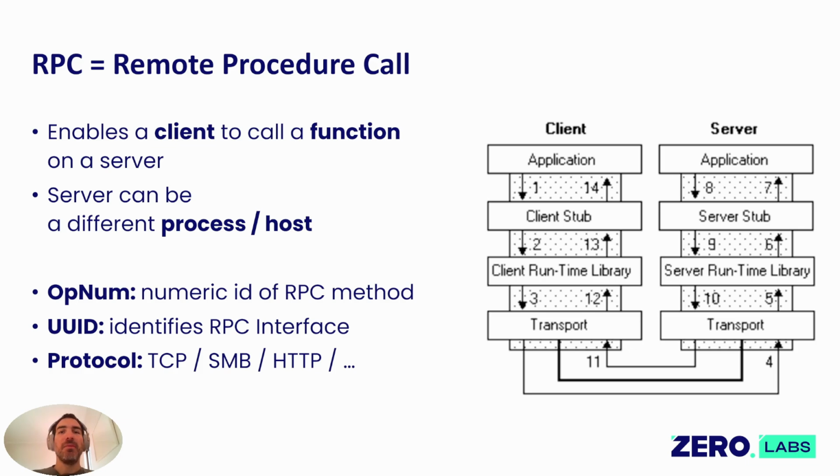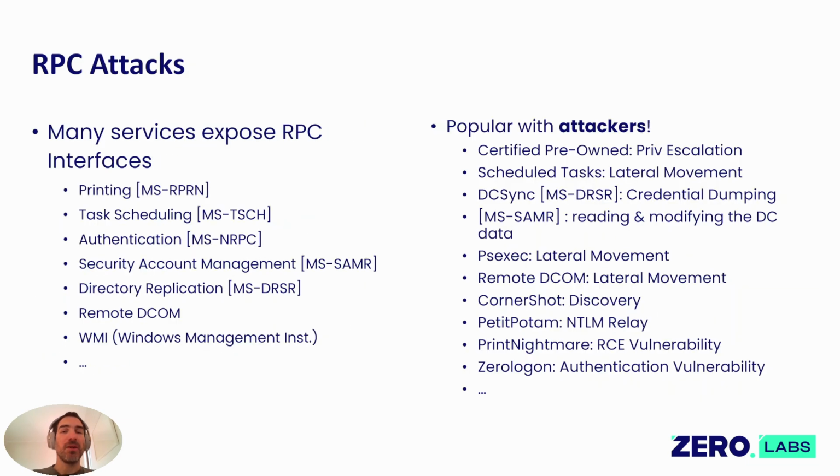Now, what's something that most people may not realize about RPC is that RPC is used almost in every Windows service. So for printing, task scheduling, domain control management, user management, directory replication, for remote management using DCOM or WMI, and the list goes on and on.